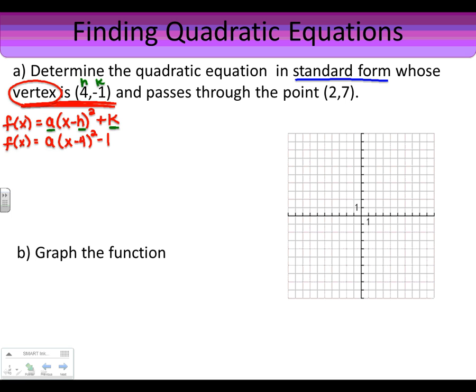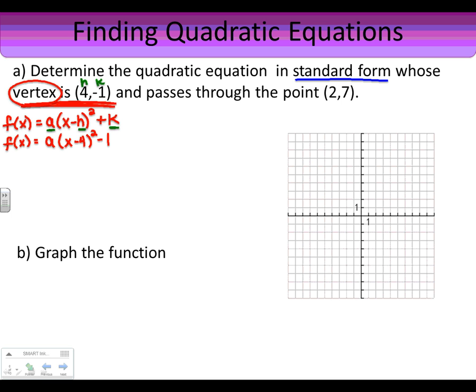But if I need to solve for a, a needs to be my only variable in the equation so that I can manipulate it and solve. Right now I have an x and I have an f of x, so I can't really solve for a. So I need to find something that I can plug in for x and for y so that I have a as my only thing to solve for.